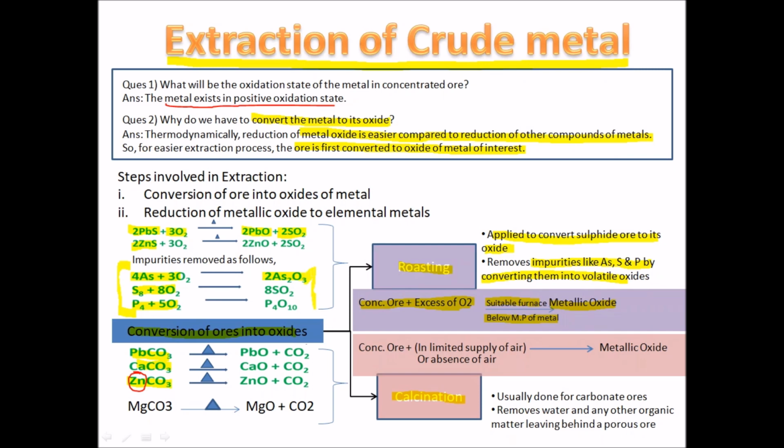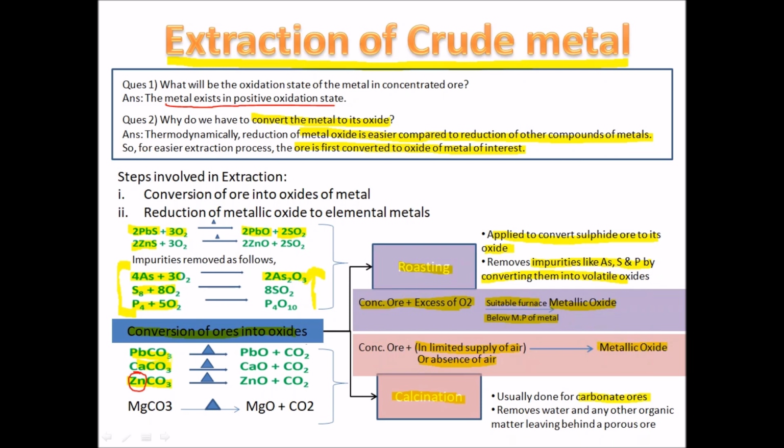Next we go on to the process called calcination, wherein we convert the ore into its oxide. Calcination, as the word starts with C, is usually done for carbonate ores. And you will have to remember that during this calcination process, the concentrated ore is treated with a limited supply of air or in the absence of air, and the concentrated ore gets changed over into metallic oxide.